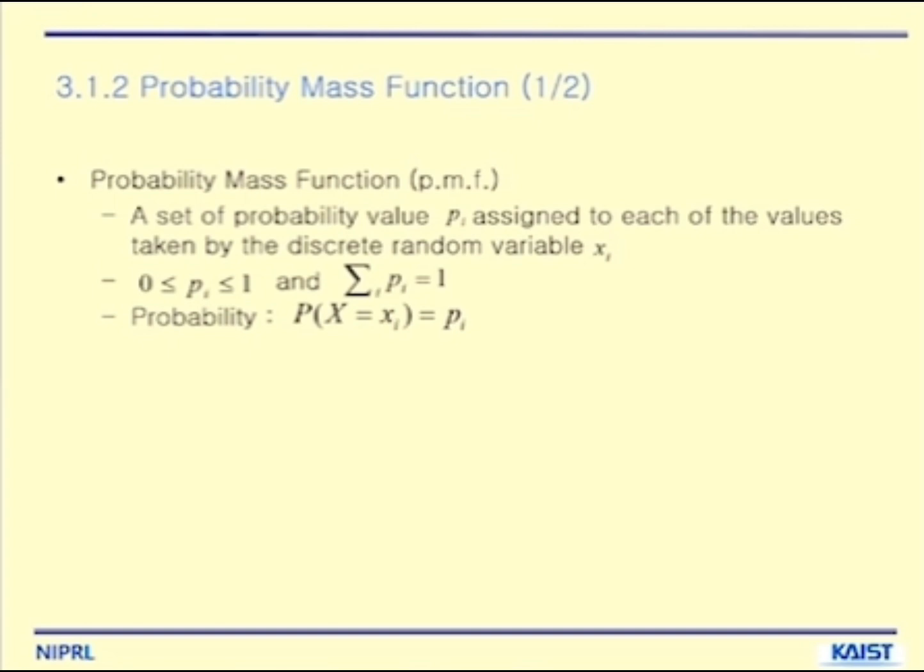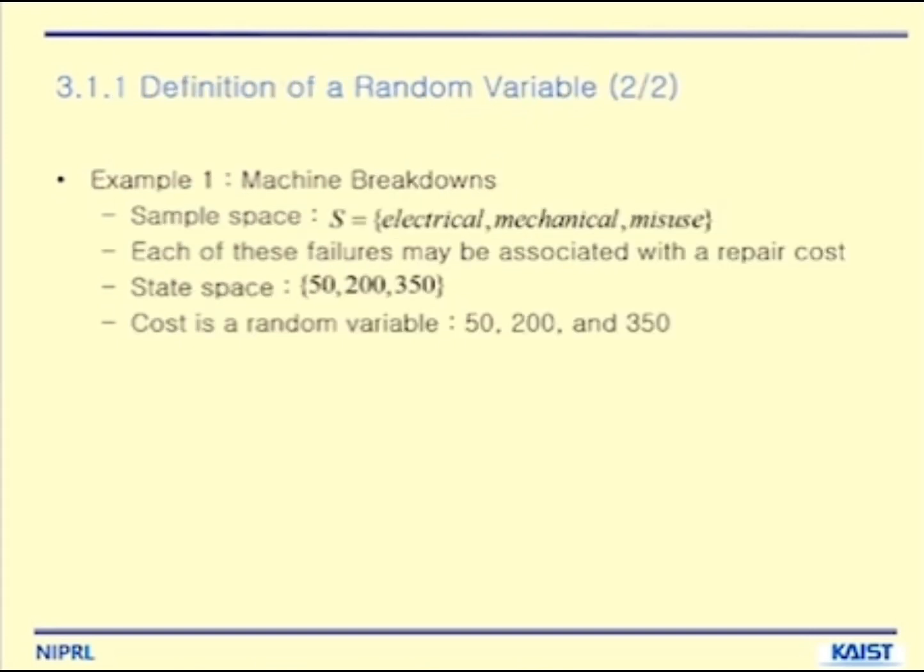What does that mean? Maybe what is the probability that my repair cost will be $500? There's a probability associated with that. If I really want to know the probability of a repair cost being $50, then I need to know how many times in the past that machine failed due to electrical reason, because when the machine failed due to electrical reason, I spent $50.